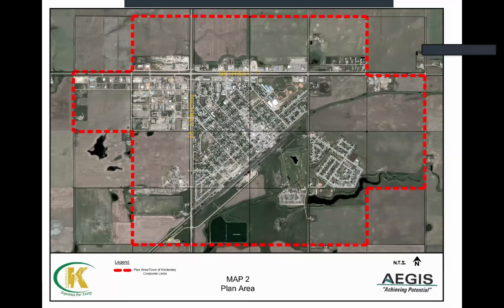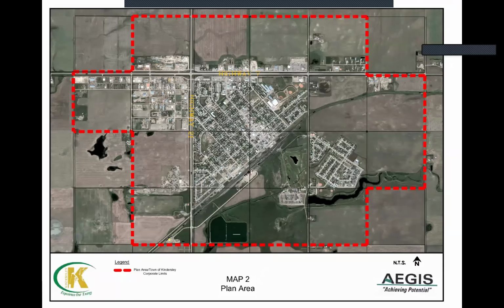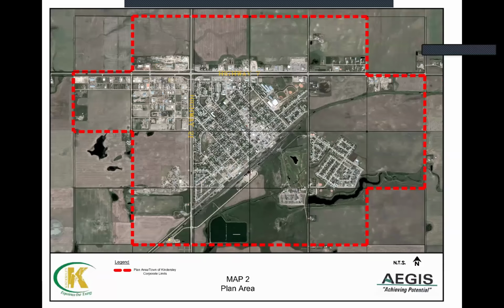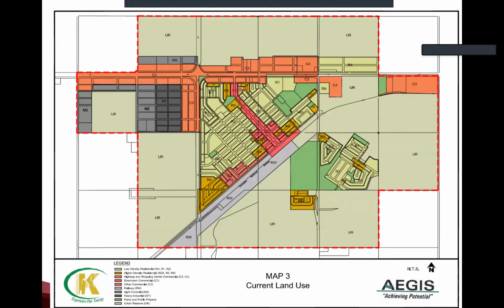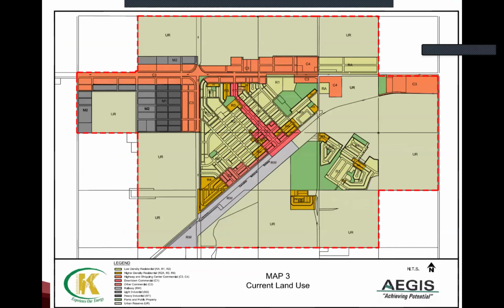In this one, which is the same place, you can see the type of land use. So now you know that the UR is urban reserve, so it's not developed. But for example, in the bottom right block, you can see that there is some body of water that is not mapped here on the land use. So this is why it's important to combine the information from different sources.